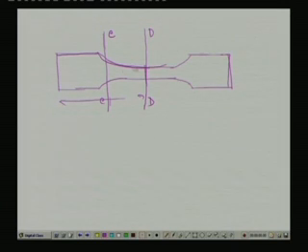Whereas, at this particular section the bending moment will be small compared to what we get at D. Let us write: bending moment at C will be smaller than the bending moment at D, but at the same time we are having a change in dimensions, which will create a stress concentration at this zone.